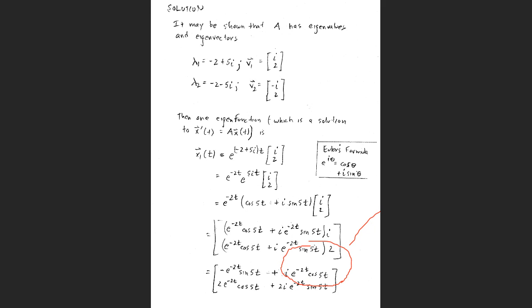But then that equals e to the negative 2t times e to the 5it. And that's how I get this here.